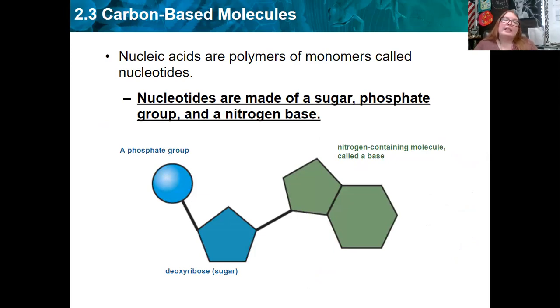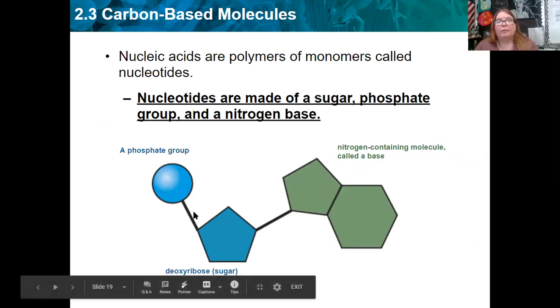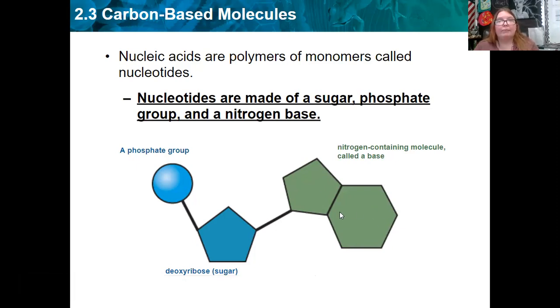So in this case, this is a nucleotide that would go with RNA. Like I said, don't worry about what that is right this second. We're going to get into that in a different unit. So the phosphate group is the blue ball, and then the sugar, and then this has nitrogen in it, but it's a base.